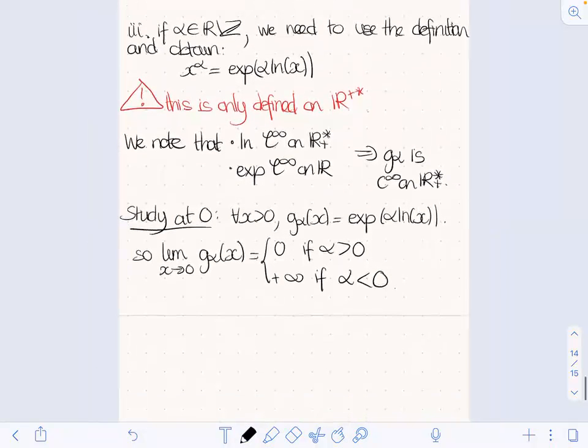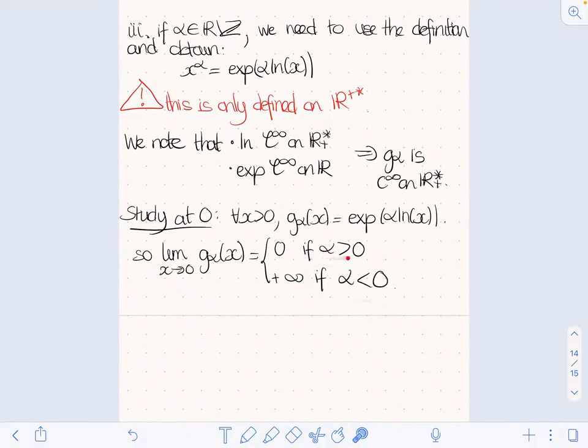And I suppose you could wonder why we even mention this limit, because we've already established that G alpha is C infinite on R plus star. What we're going to do here is perform something called a continuous extension of the function. So what we can see through this limit is that if alpha is negative, the limit of the function is plus infinity. So there's no way that this function can be well defined at 0.